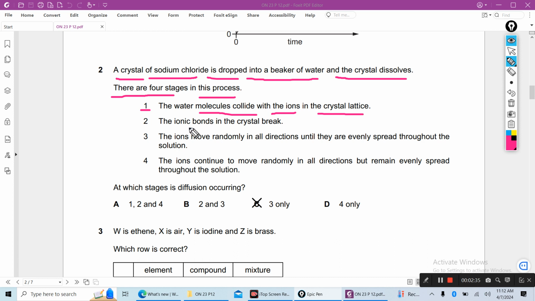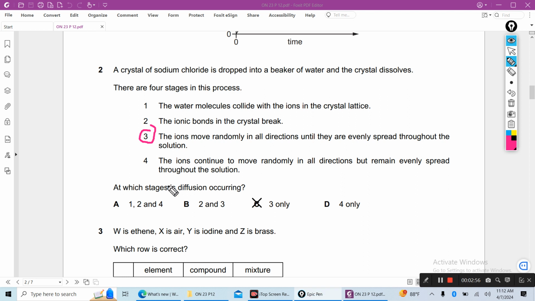No, this is not the one. 2. The ionic bonds in the crystal break. 3. The ions move randomly in all directions until they have evenly spread throughout the solution. 3 is the correct answer.